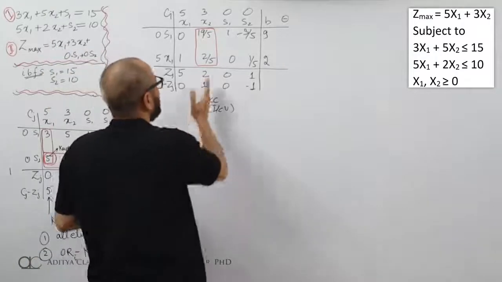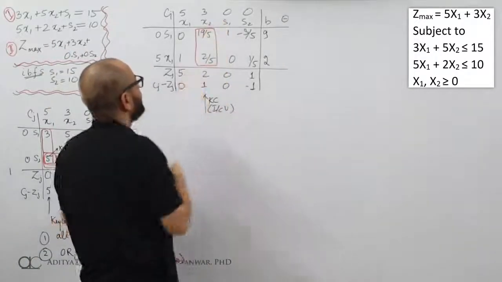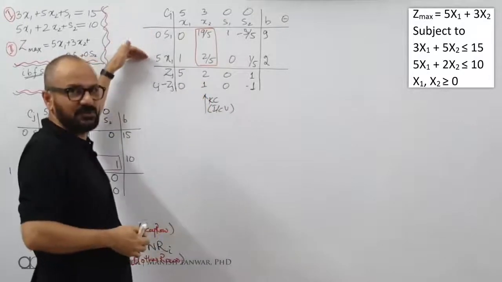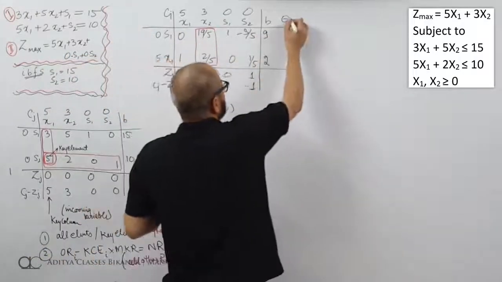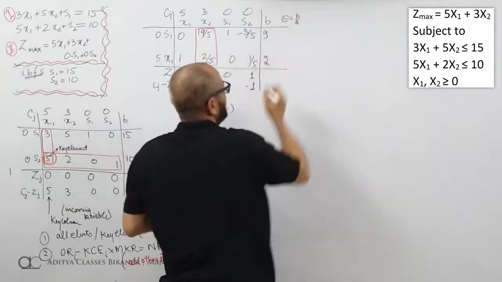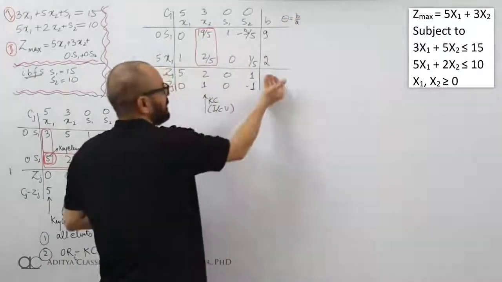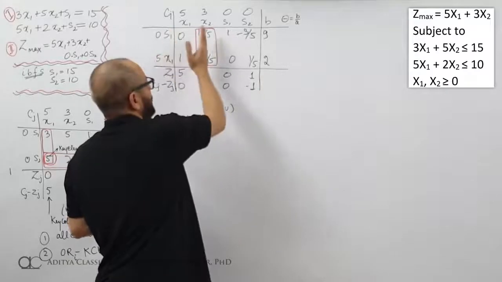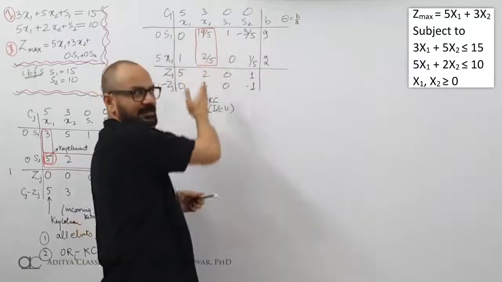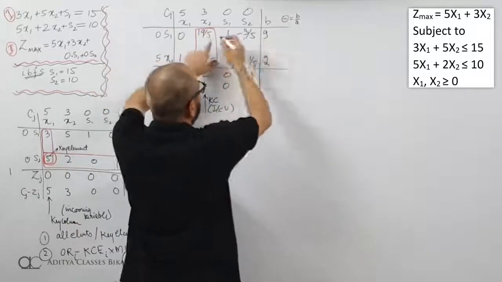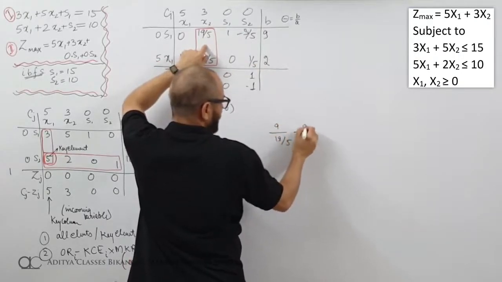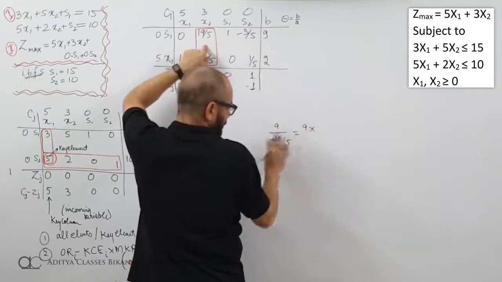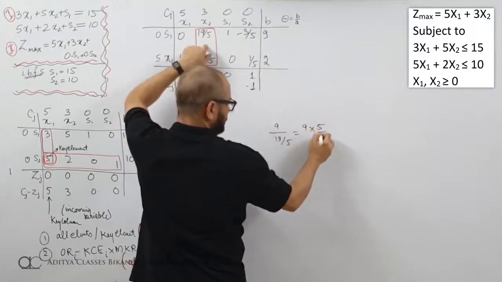How do I decide where x2 is coming in, the first row or the second row? We decide by theta. What is theta? It is B by A, that is quantity upon A, the key column. 9 upon 19 by 5, making it 9, and the denominator gets flipped.